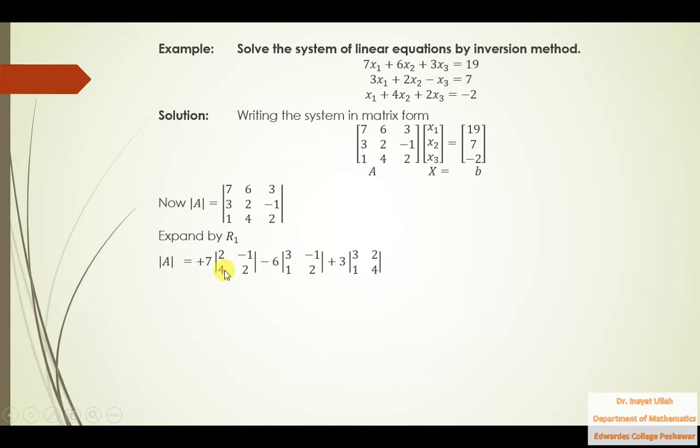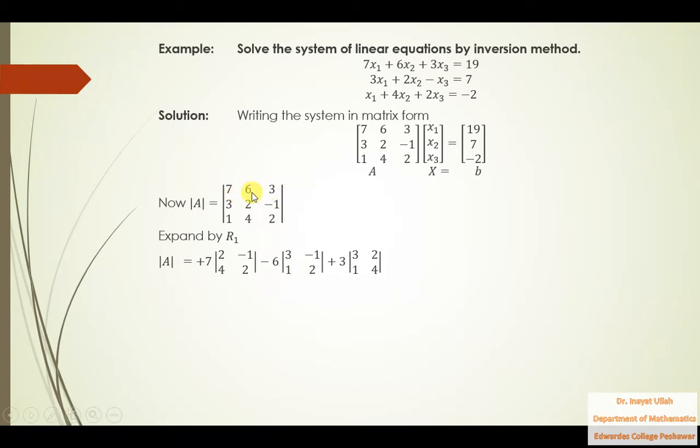And 7 will be multiplied by the determinant, which, along with this sign, is called the cofactor of 7. So for 7, exclude that row which contains this 7 and that column which contains this 7.